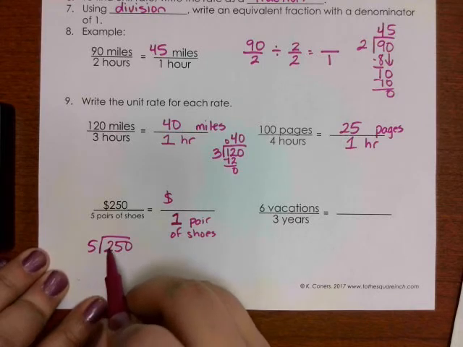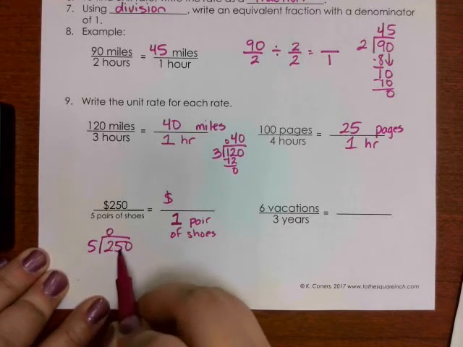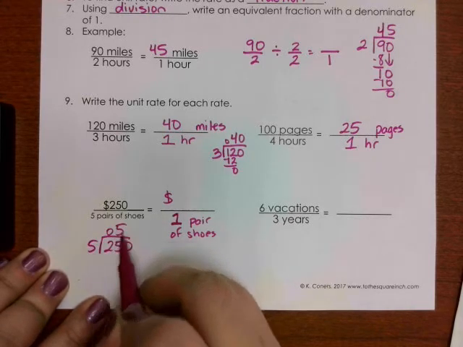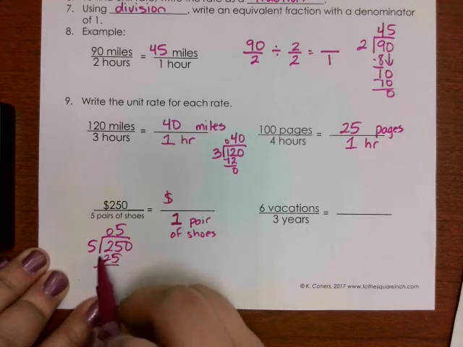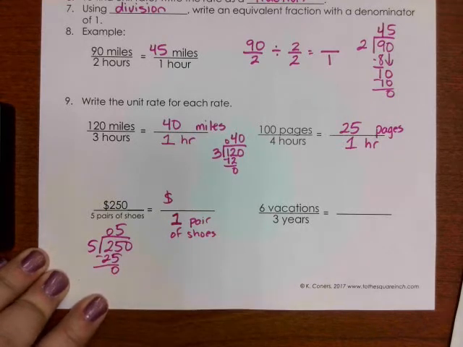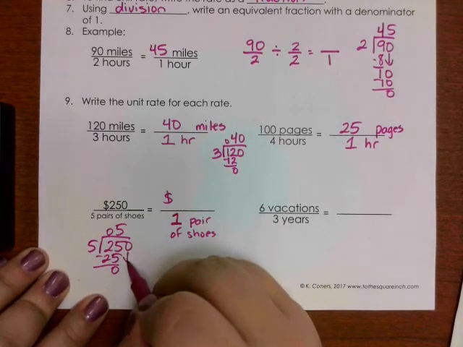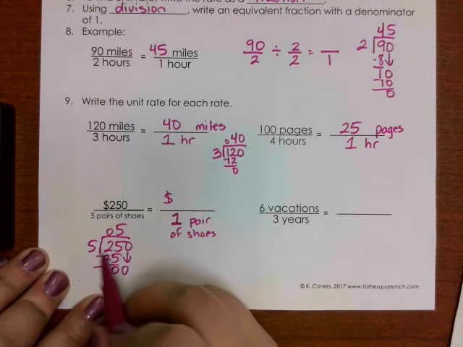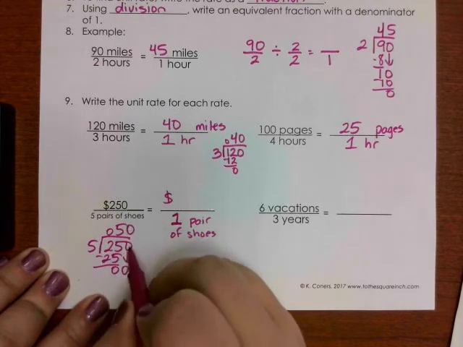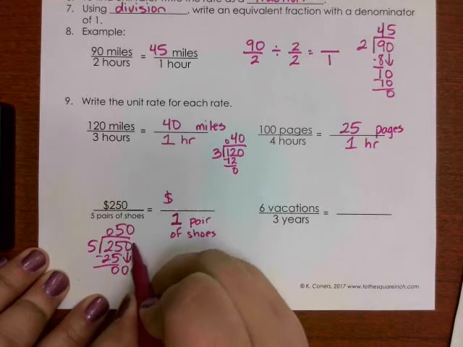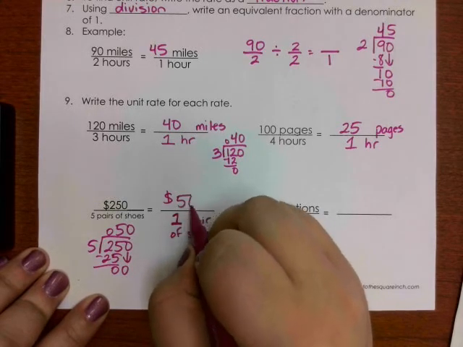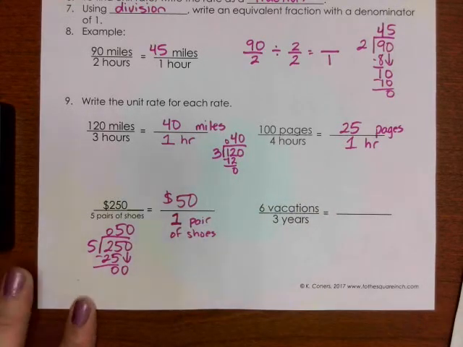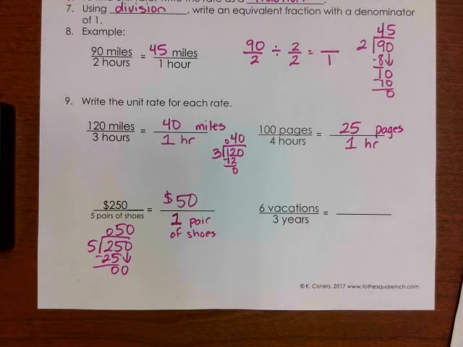I know that 5 can't go into 2, but 5 can go into 25, 5 times. It's exactly 25 with a remainder of 0. I could bring this 0 down if I wanted to. 5 cannot go into 0, so we put a 0 up here, or I simply could have just brought it up and put it in my answer. So $50 for 1 pair of shoes.